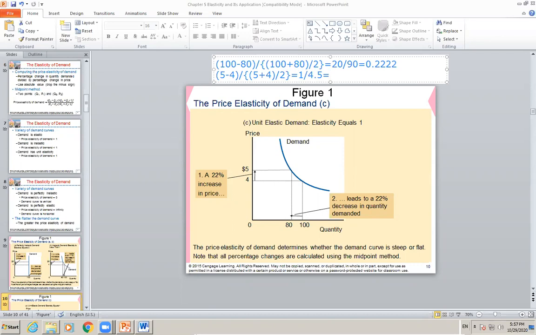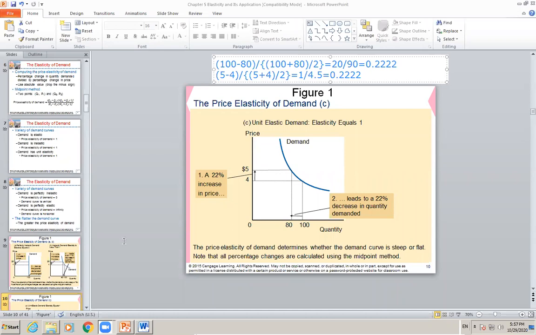So 1 divided by 4.5 should give you exactly the same number as above, 0.22. If you round it up, it will be 22%. So a 22% change in the price will bring you a 22% change in the quantity. So it's unit elastic, okay?